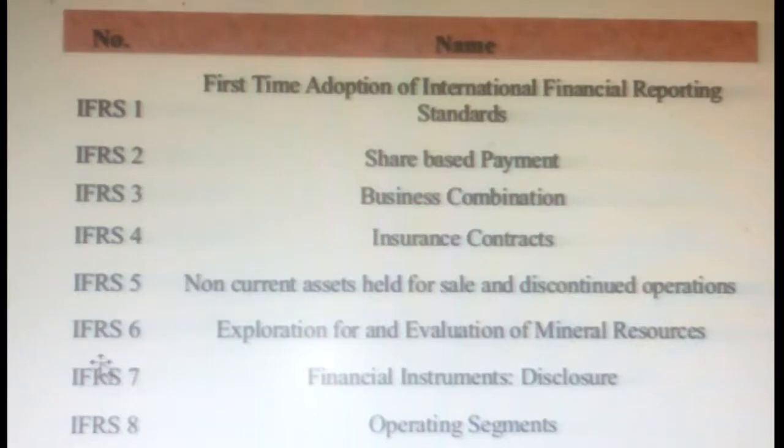IFRS 6 stands for exploration for and evaluation of mineral resources. Mineral resources, very, very important one. Then IFRS 7 deals with financial instruments disclosures. IFRS 8 operating segments. IFRS 9 financial instruments. These are IFRS 1 to 9 discussed for the International Financial Reporting Standards.